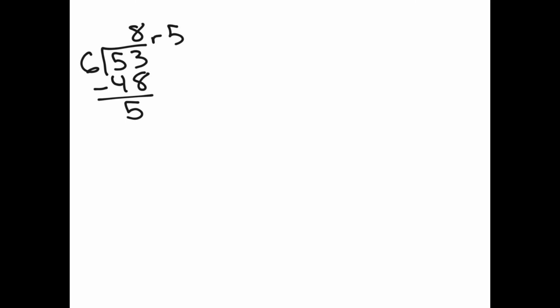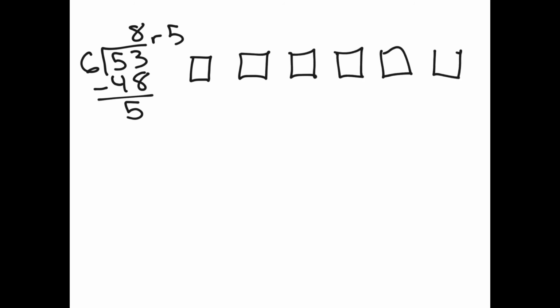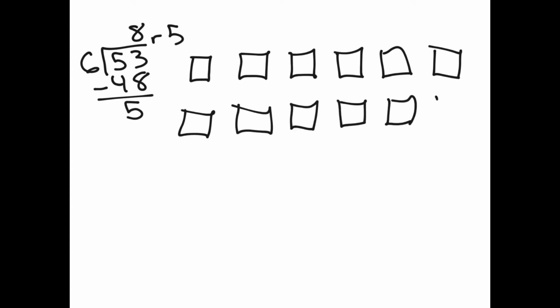Now we can draw our picture. So we need to look back in that word problem to find what we're drawing. What are we drawing here? Well, we would have to be drawing the 12 pages, right? So we're going to draw the 12 pages. 1, 2, 3, 4, 5, 6, 7, 8, 9, 10, 11, 12.